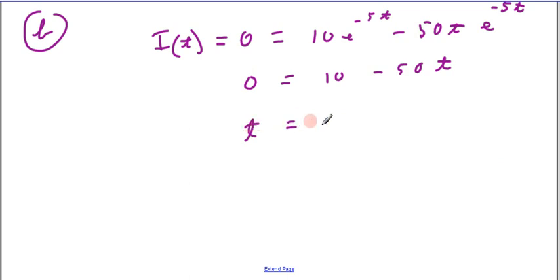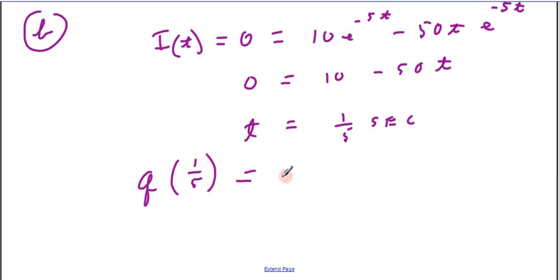T becomes 1/5 of a second. So at 1/5 of a second, my charge on the capacitor is maximum, and it will stay there forever until I do something about it to have it go away.